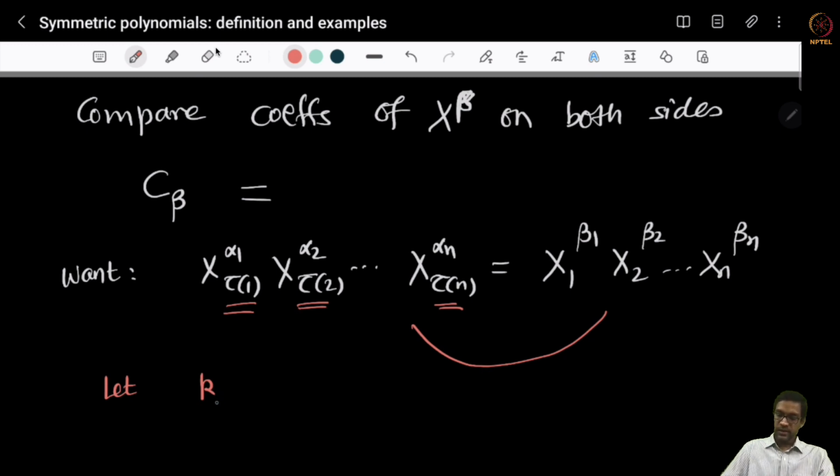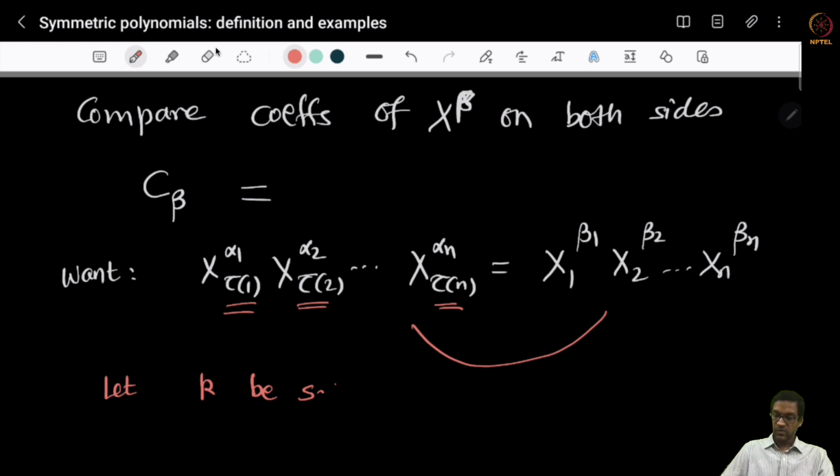Then what does it mean? What is the power I will get here? On the left hand side, it will look like this. I have a bunch of terms and then I have x tau k to the power alpha k. And tau k is just the number 1 here, right?